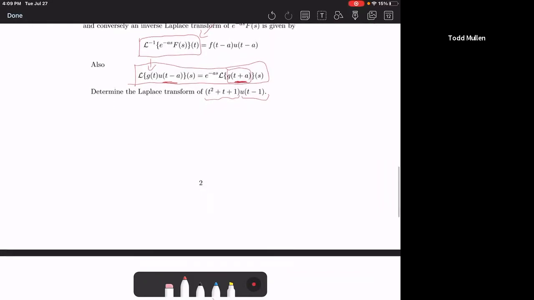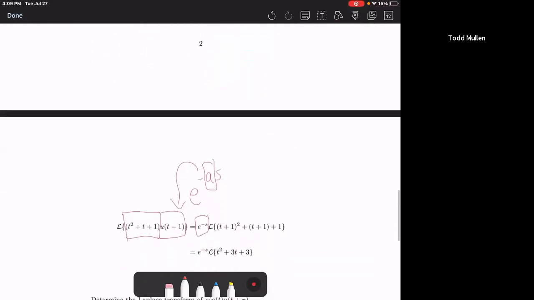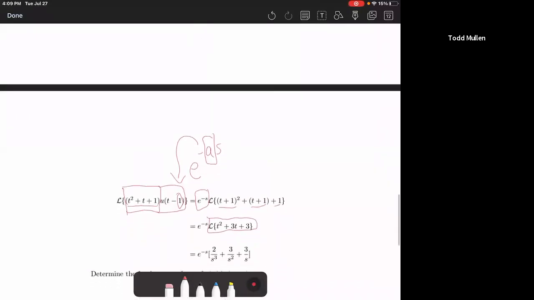So it becomes g of t plus a, which in this instance is 1. So instead of having t squared plus t plus 1, we get the Laplacian of t plus 1 squared plus t plus 1 plus 1. When you expand that all out, you just get the Laplacian of t squared plus 3t plus 3. And that's equal to, don't forget your e to the negative s on the outside here, but the inside becomes 2 over s cubed plus 3 over s squared plus 3 over s.